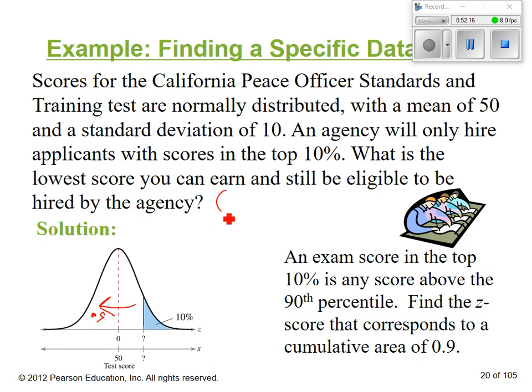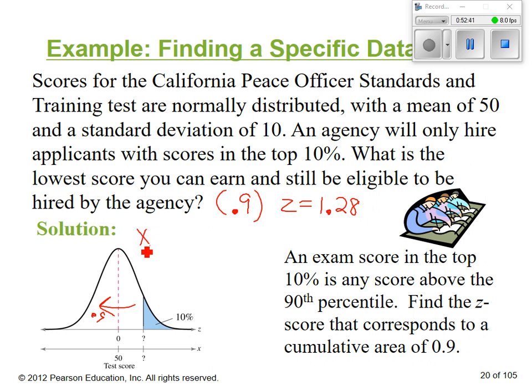In our calculator, somebody help me out. If you guys figured out that you can just put in 0.9, type in just 0.9. I think we just did this a second ago. What's it come out to be? 1.28. So that's our z-score.